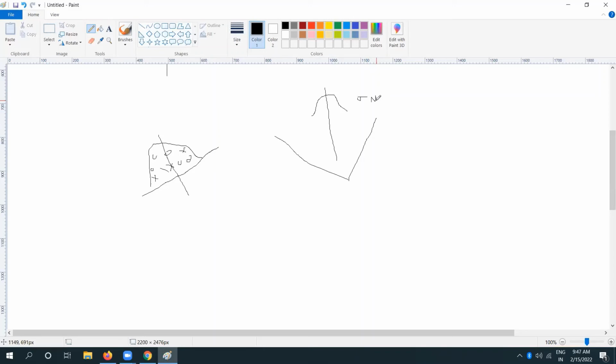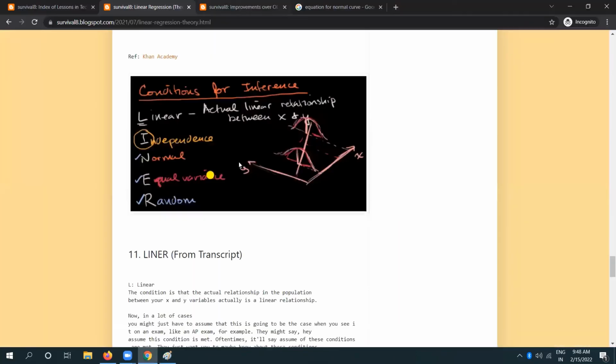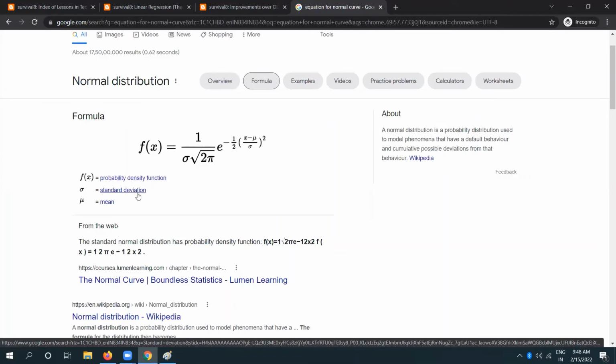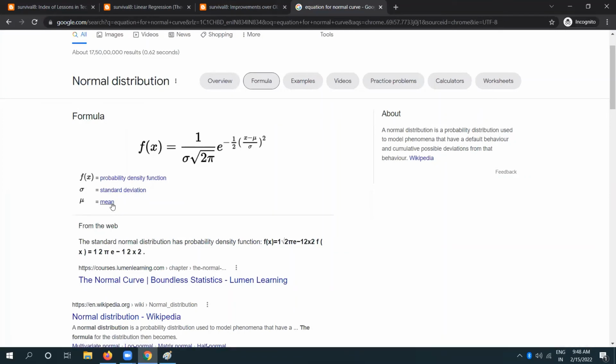This normal curve. Sigma is standard deviation and mu is mean.